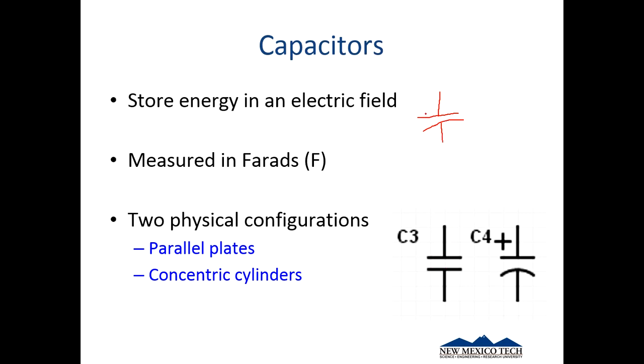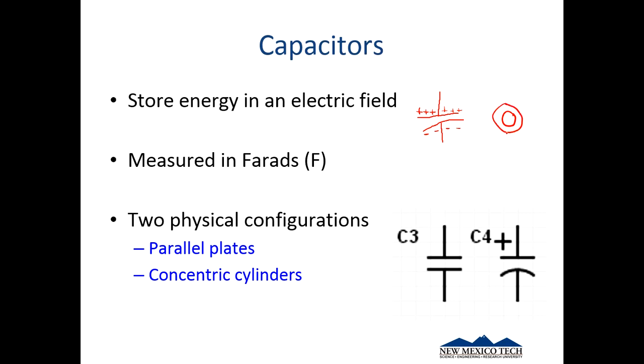Anyway, the idea being that the charges build up on these, maybe a positive builds up on this one and negative builds up on this one. And you can also have concentric cylinders, where if I was looking at the top, those are perfectly concentric too.